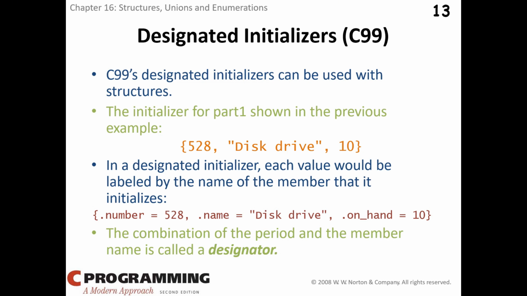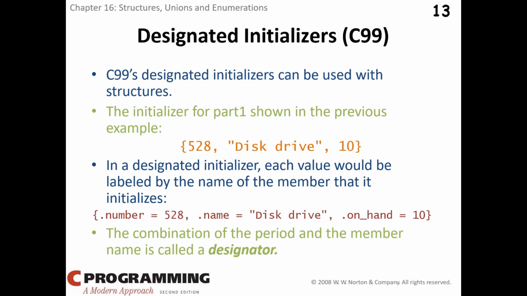For example, .number = 528 initializes the number member with the value 528, and .name = "Disk drive" initializes the name member with the string "Disk drive", and so on. The combination of the period and the member name is called a designator.